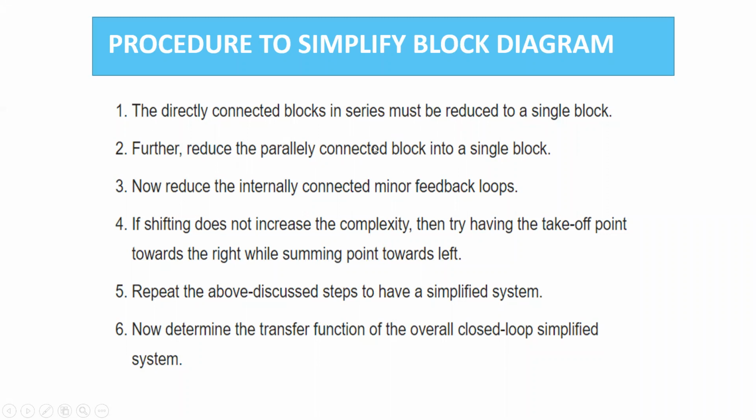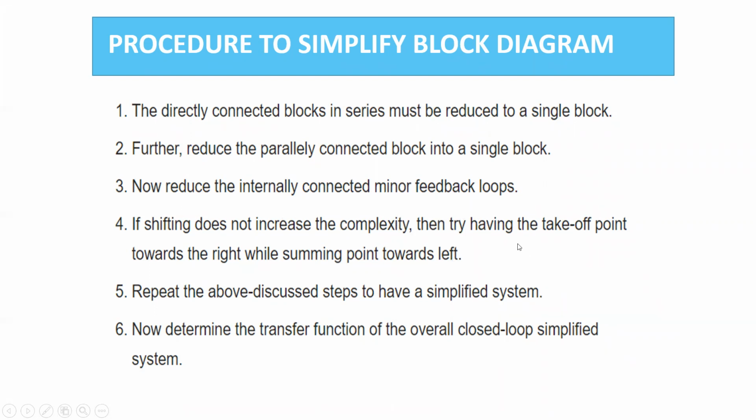If these three are not present in our block diagram, we can go for shifting of a takeoff point or a summing point, either towards the right or towards the left, so as to make the blocks in series, in parallel, or in feedback. If that is not possible, then we can try interchanging summing points or other points.